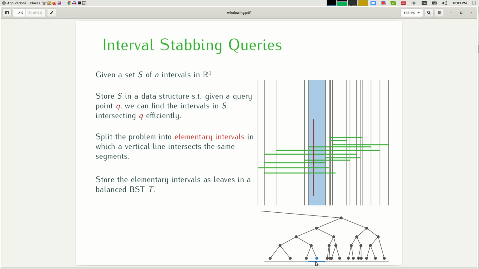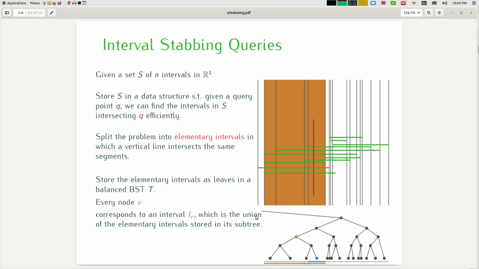In other words, this leaf corresponds to this elementary interval, this leaf corresponds to that elementary interval, and the region of the parent of those two will be the union of those elementary intervals. By putting these elementary intervals at the leaves, I can build the interval of every internal node, including the root, and the interval of the root will be essentially this entire thing. For example, that's the endpoint for that node.